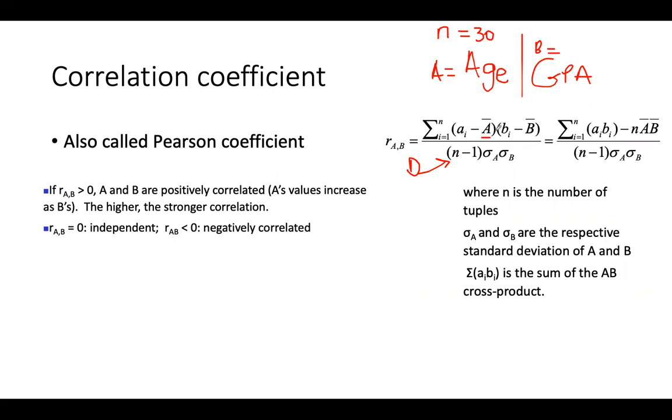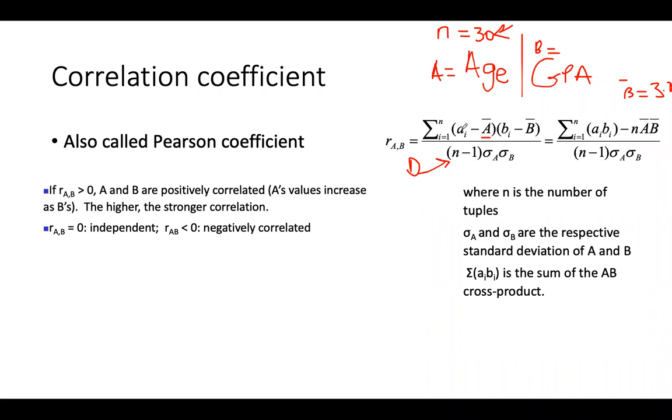John is 18 minus 21, and you go on and on for all the 30 students. Multiply that by the GPA term, where the mean for B is 3.0. And let's say Jen was doing really well.